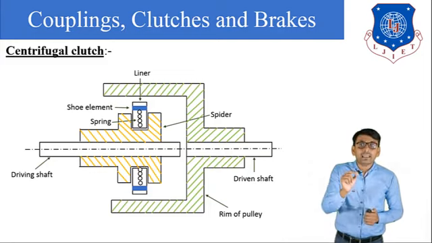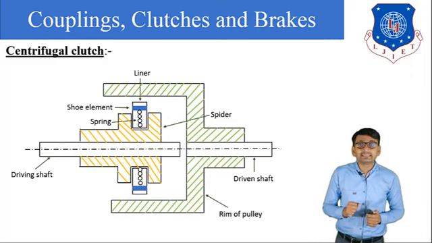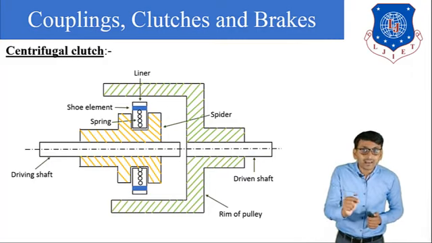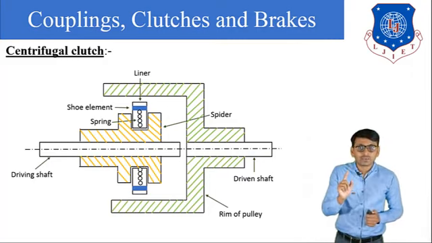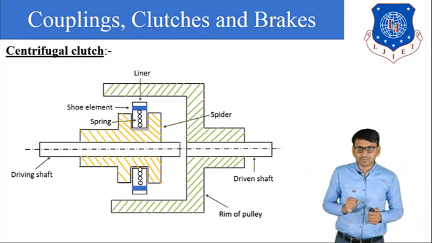It means the liner element is not connected with the rim of the pulley. So motion and power do not transfer from the driving shaft to the driven shaft because there is no connection. There is a disconnection between the liner and the rim of the pulley. So motion and power do not transfer from one shaft to another shaft.